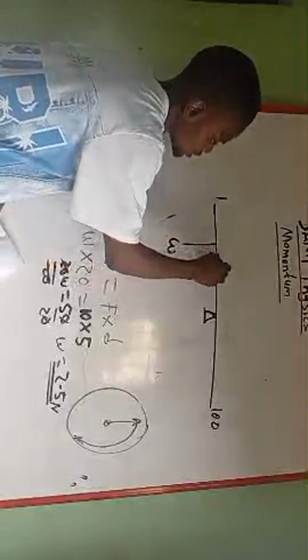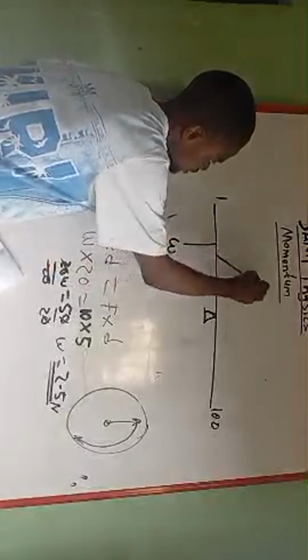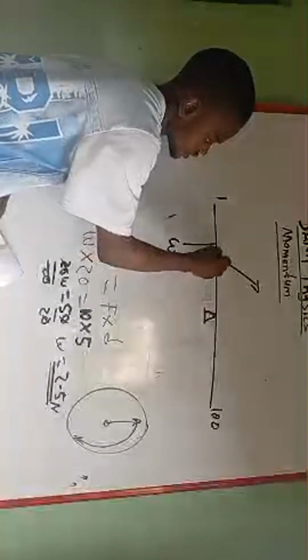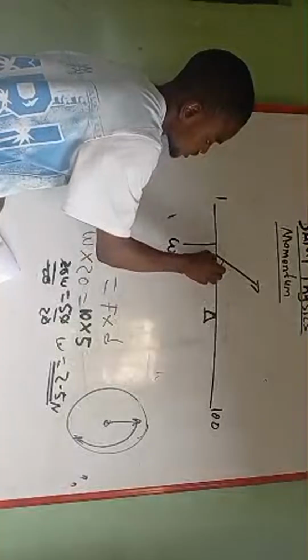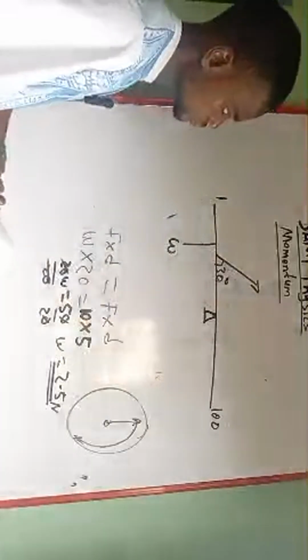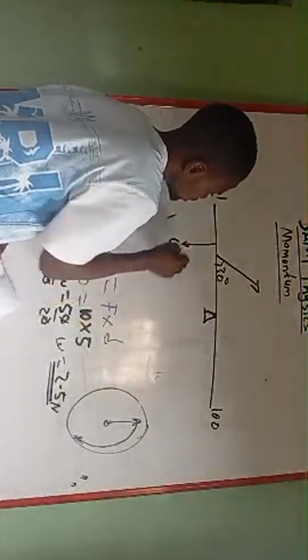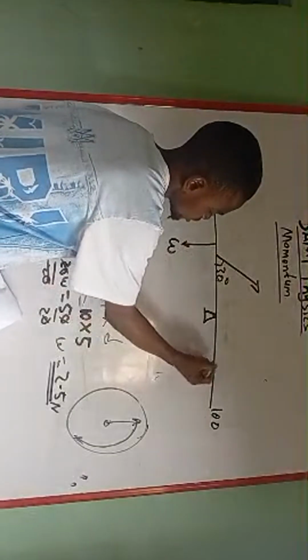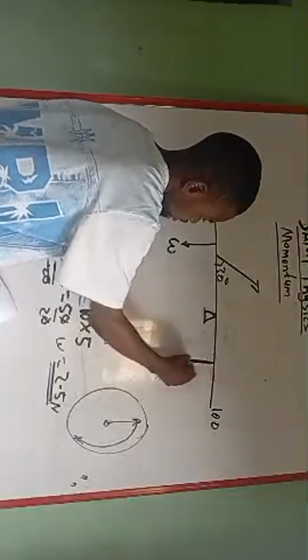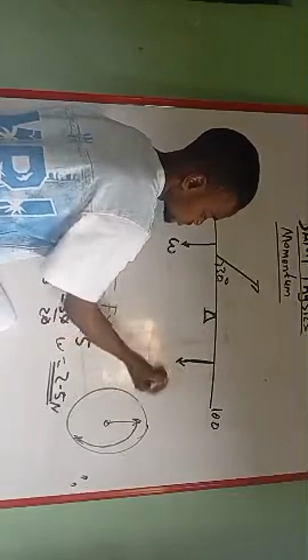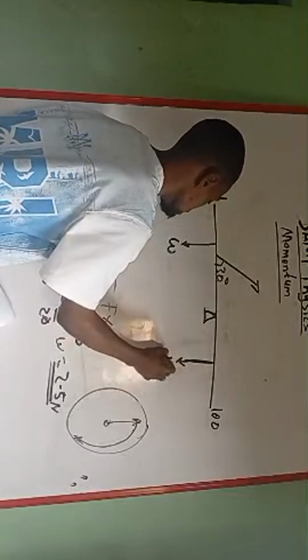And let's also assume there is another force over here, which makes an angle of 30 degrees. Now, let's assume that there is another force here, and this force, let's call it something like 10 Newton.